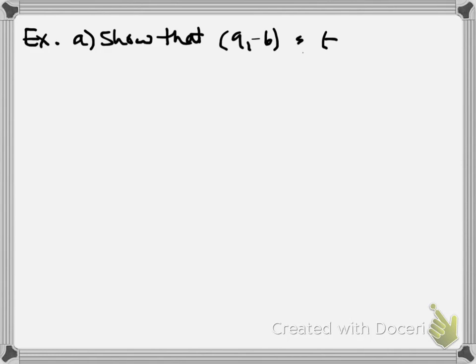Do some examples real quick. So, A, show that 9, negative 6, and negative 6, 4 are parallel. Those are vectors, and we want to show that they're parallel. So for the first one, it's negative 6 over 9, the y over the x.